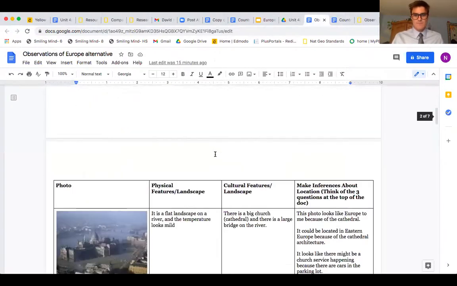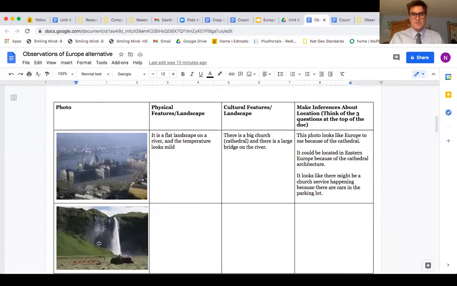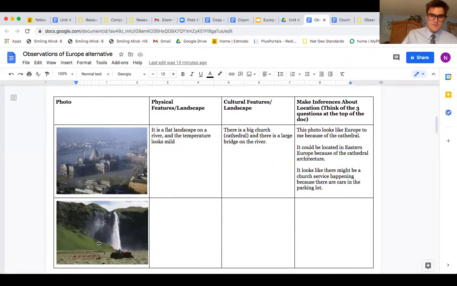So, I have given you a series of images. Your job is to identify the physical features and the cultural features of those images, and then you need to make inferences. This is to take guesses about the location. What are some of these things that you might be able to put together because of this image?